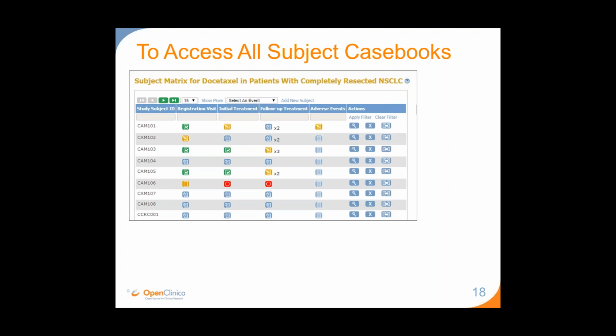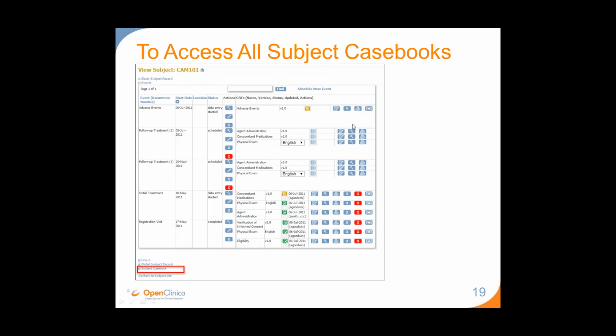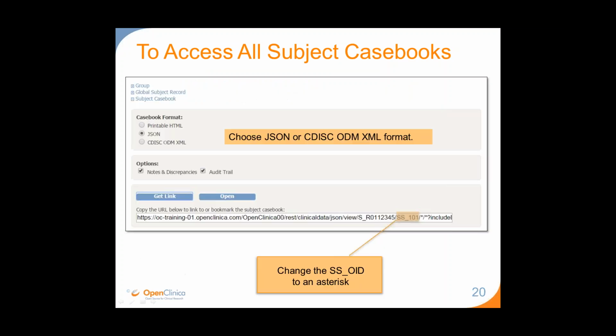So just a reminder to get to that subject casebook window. From the subject matrix, you click on View. Once you're in the View window, you'd click on the bottom. There's a link for subject casebook. And then you'll just go and change the study subject object ID to an asterisk.